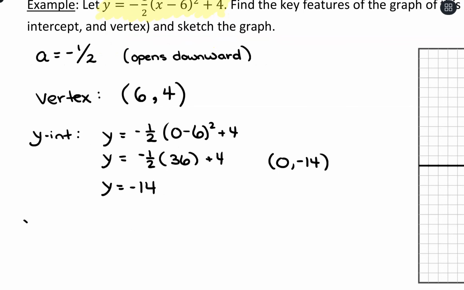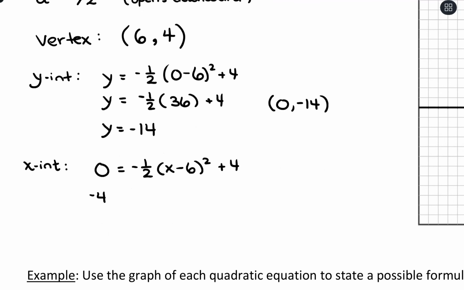And then for x-intercepts, I'm going to solve 0 equals -1/2 times (x minus 6) squared plus 4. I'm going to subtract 4 from both sides. To take care of that -1/2, I'm going to multiply both sides by -2.